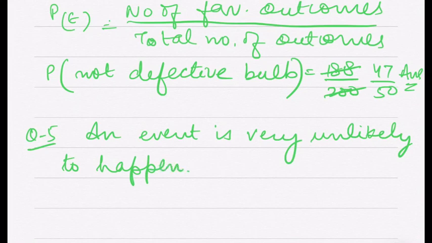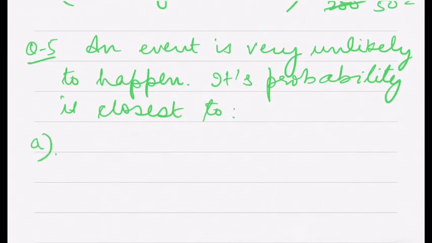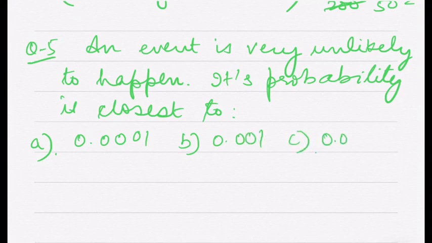Its probability is closest to. Not the exact value, but out of the options we have to find out closest to what. A is 0.0001, B is 0.001, C is 0.01, and D is 0.1.